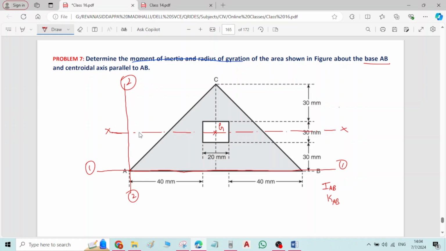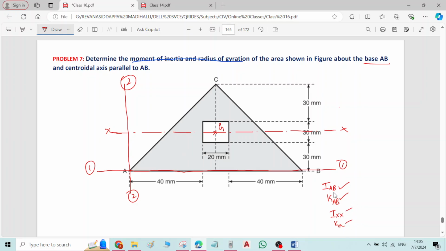Which is the central axis parallel to AB? The x-axis is parallel to AB, correct? So we have to find IXX and KX, the radius of gyration and moment of inertia about the x-axis, which is parallel to AB.